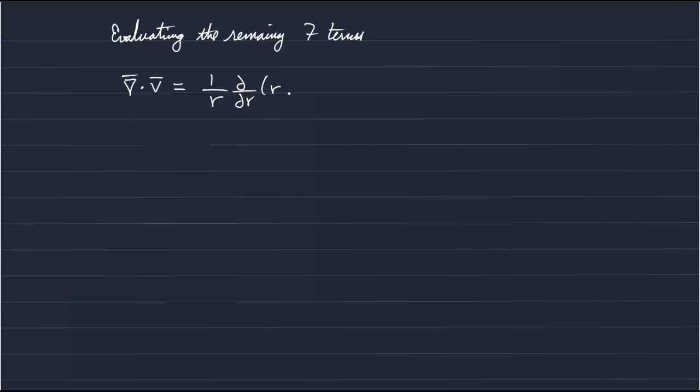So after evaluating the remaining 7 terms, we finally get our divergence of our vector in cylindrical coordinates, which turns out to be 1 over r d by dr of r Vr plus 1 over r dV theta with respect to theta plus dVz with respect to z.